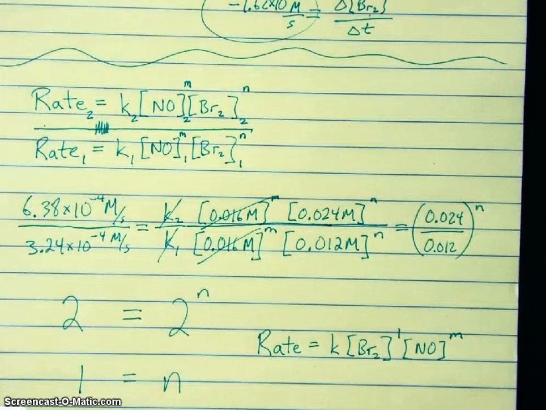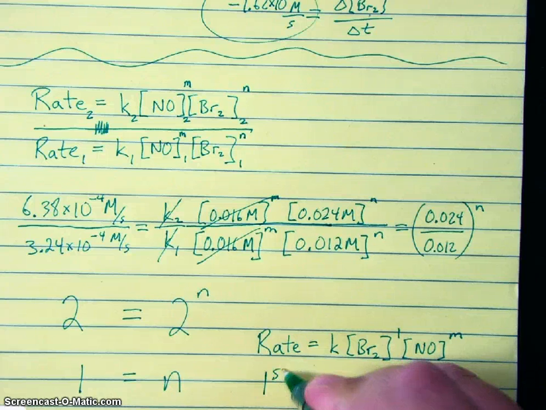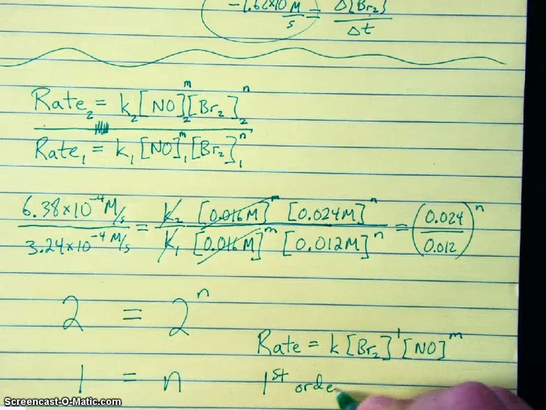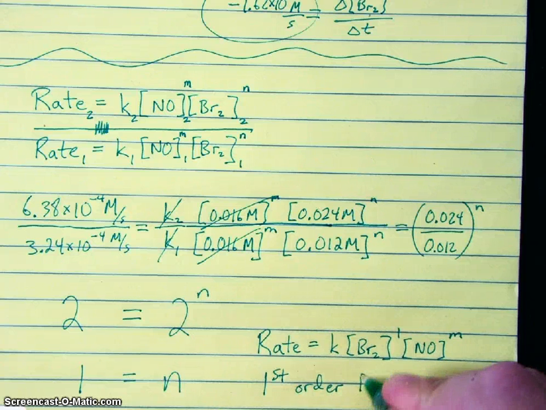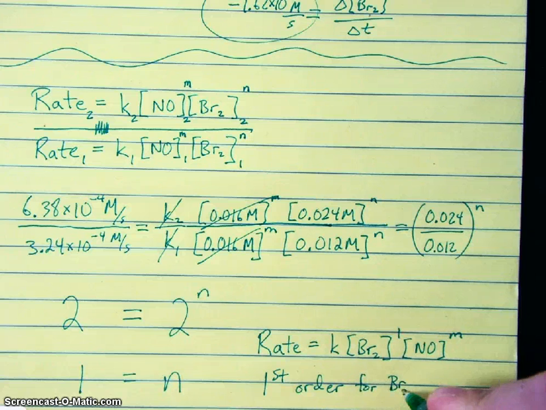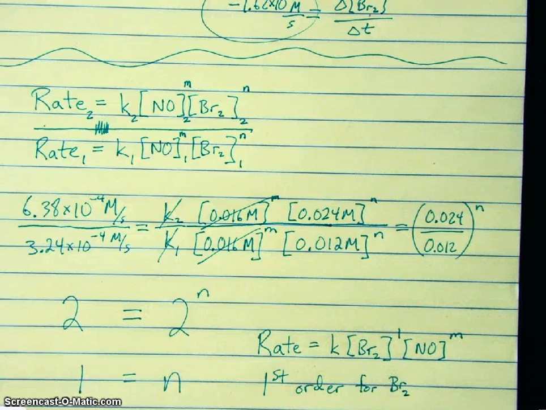So the order for bromine is first. And what this means in terms of the mechanism is that there's one bromine molecule involved in the slow step, the rate determining step, or perhaps even earlier, if that's the case.